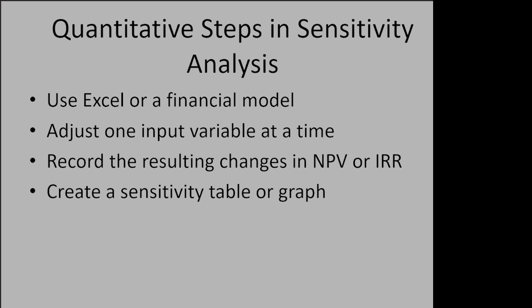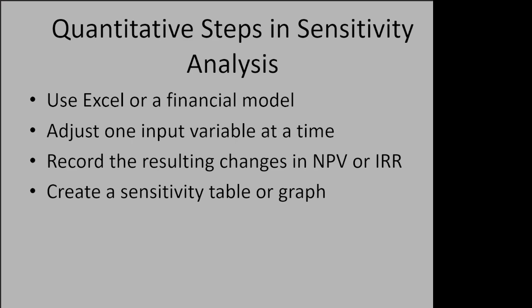Quantitative steps in sensitivity analysis. Once you've defined your variables and ranges, the next step is to build a model, usually in Excel. You take your base case financial projections and then adjust one input at a time. For example, you only change the sales forecast, keeping everything else constant.